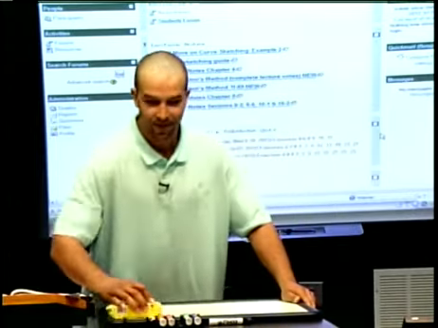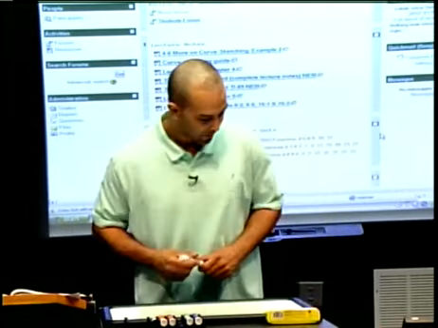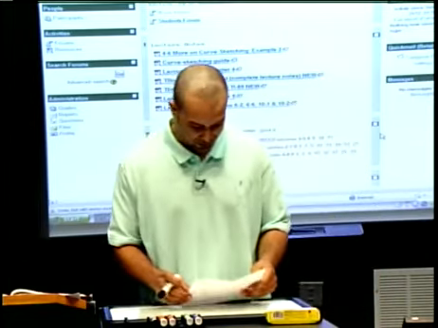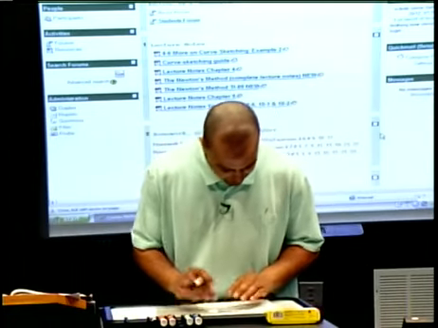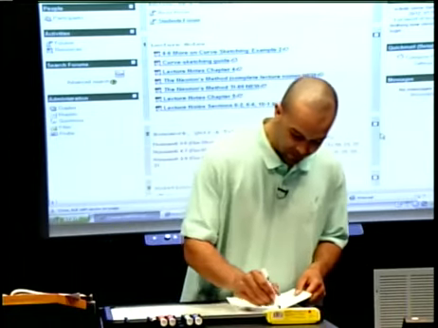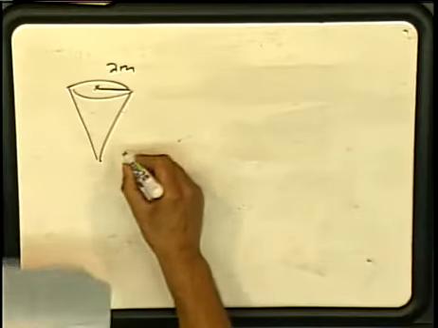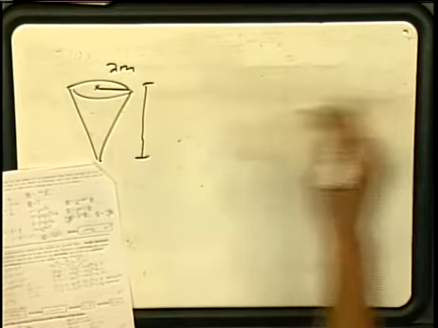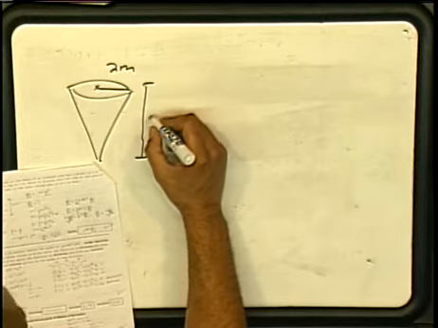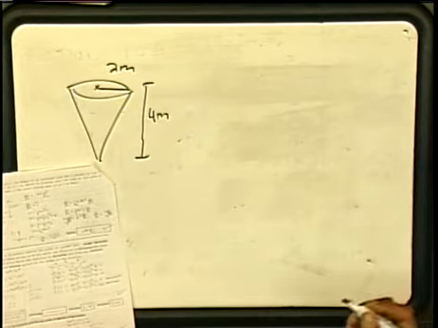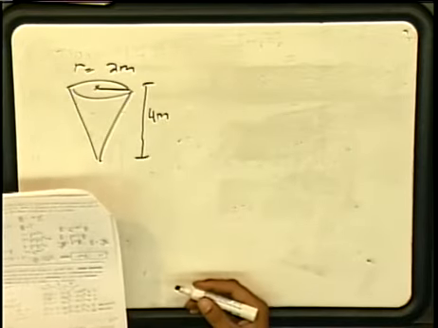Okay. This one says, a tank in the shape of an inverted cone has a height of 4 meters and a radius at the top of 2 meters. So 4 meters height and R equals 2 meters.